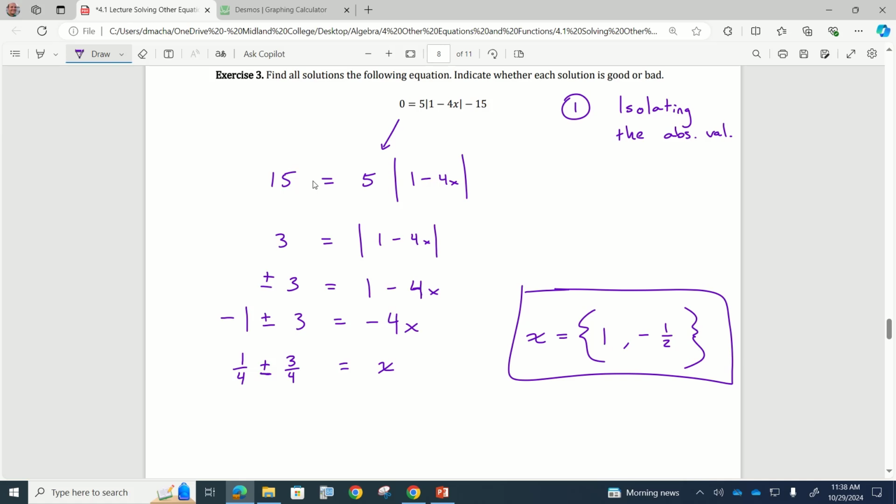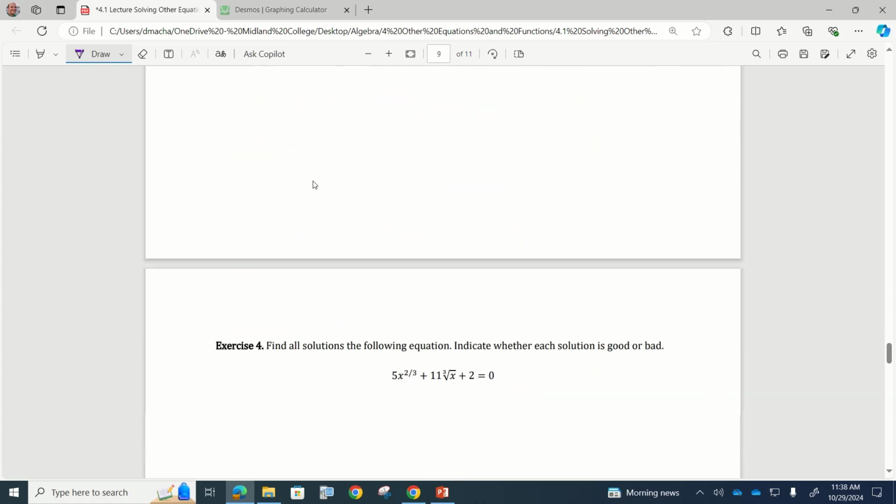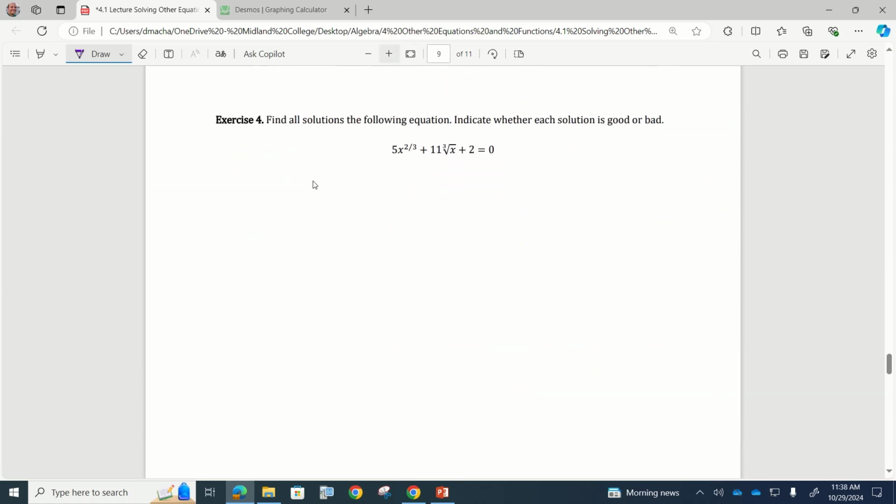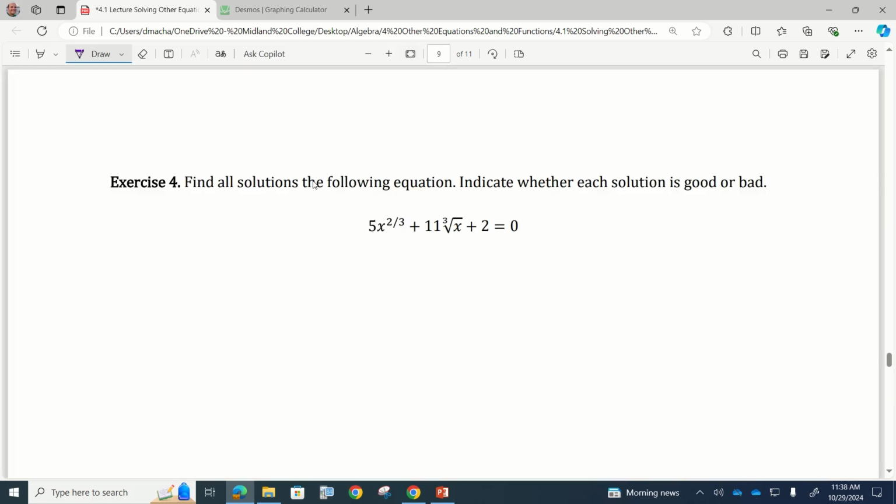Okay, any questions? Okay, so we did radical equations, we did power equations, we did absolute value equations. This is the trickiest one of all. Save the best for last.